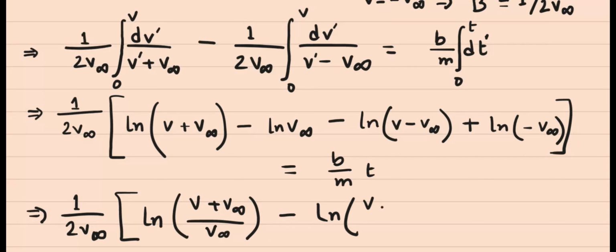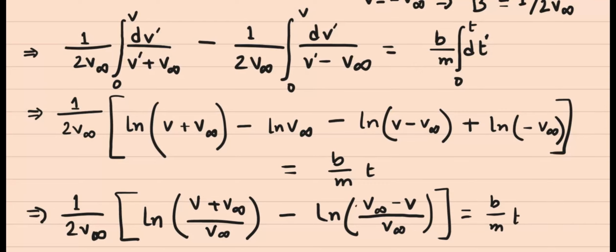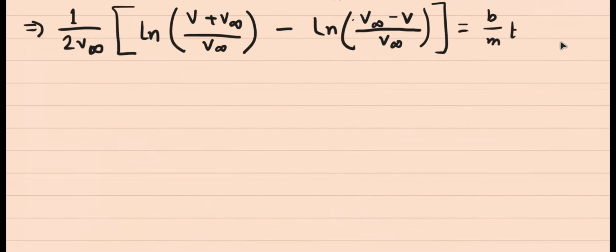We're putting v infinity first and then minus v, so that we have a minus sign here, but that minus sign is compensated by this minus sign, so we have v infinity, and that is equal to b over mt. So that minus sign wasn't actually a concern.